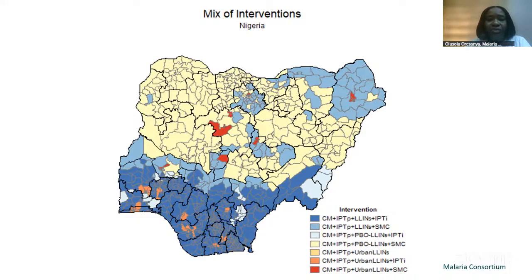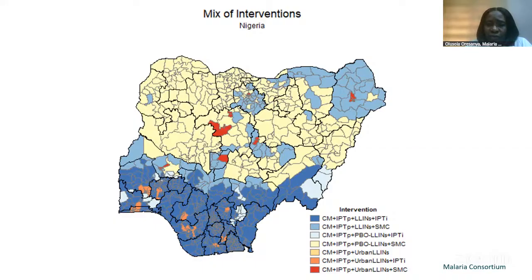Right, so I was talking about the mix of interventions. And I did explain that following the malaria risk map development, intervention mixes were then determined based on the malaria risk that was mapped out. On this slide, you have the mix of interventions determined for the different areas in the country.